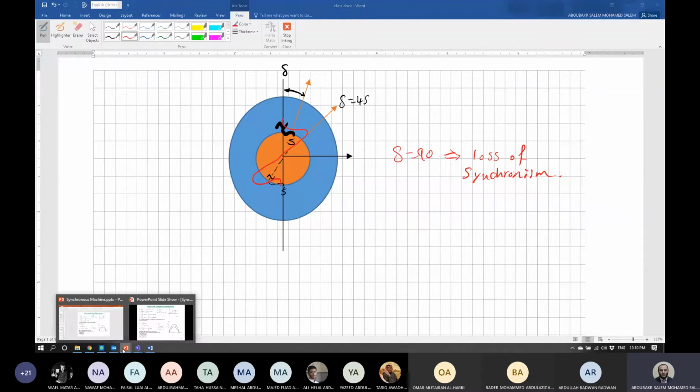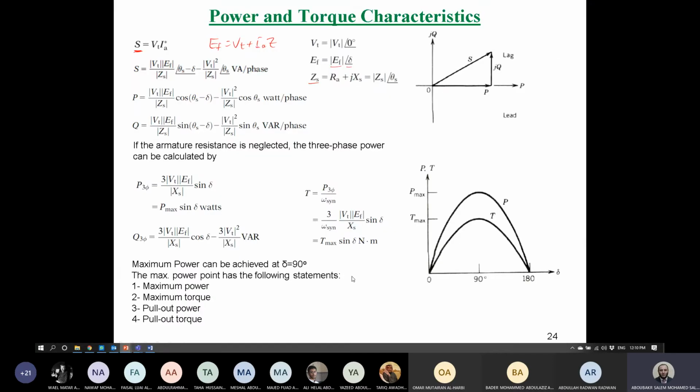For that, the point of maximum power here, we can call this point as maximum power. This is the first name, at delta equal 90. We can say this is the point of maximum power, or maximum torque, or pull out power, or pull out torque.